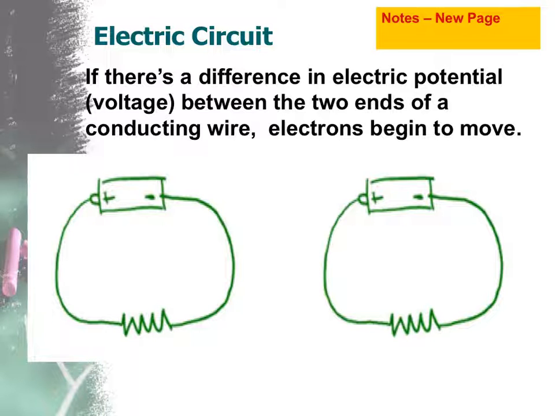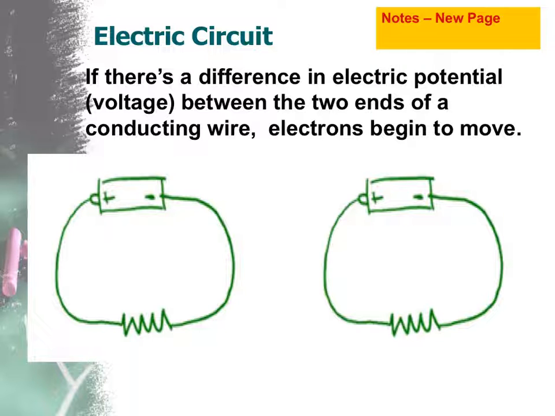Now, if you take a wire, and usually it has to be a metal wire, some metals work better than others, but if you take a wire and connect the ends of it to a battery, there is going to be a difference in electric potential between those two ends of the wire.